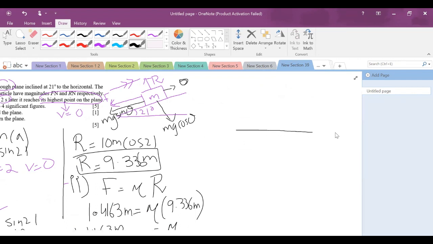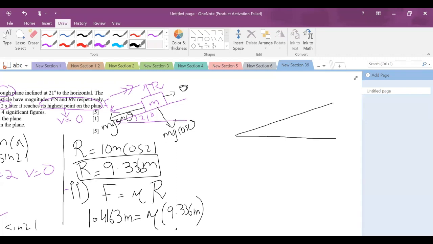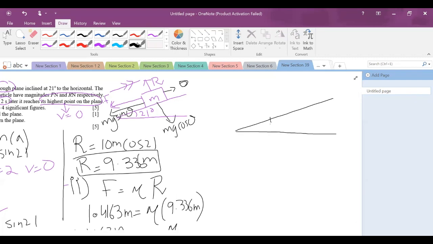So P is somewhere on the plane. Highest point is somewhere over here. ये P है. I think I need to restart my computer.